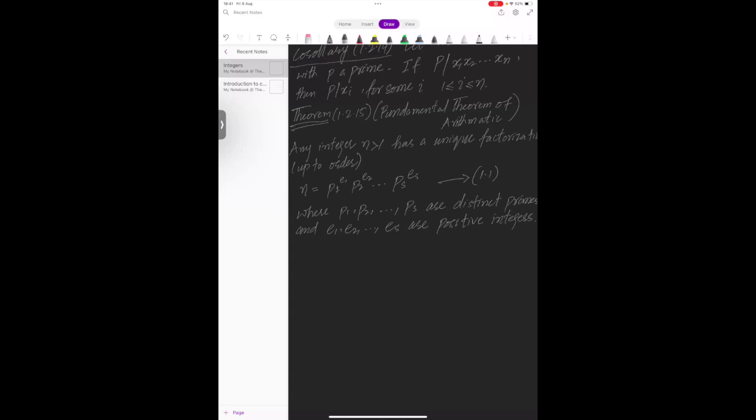The examples of this are so many, but I'll give you a few. Let's consider the number 24. It can be written as 2 times 2 times 2 times 3, so 2 power 3 times 3.